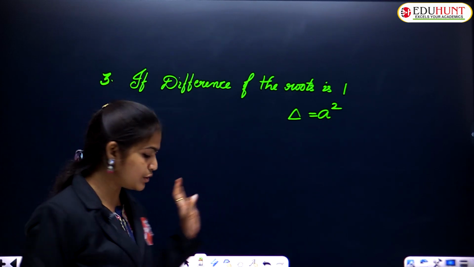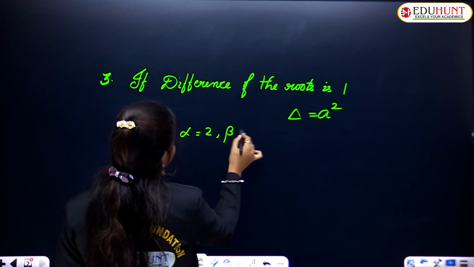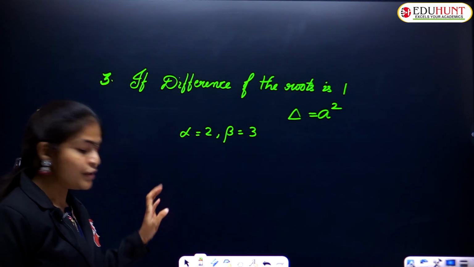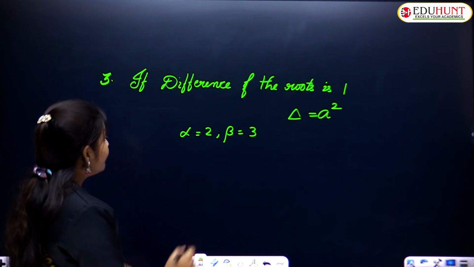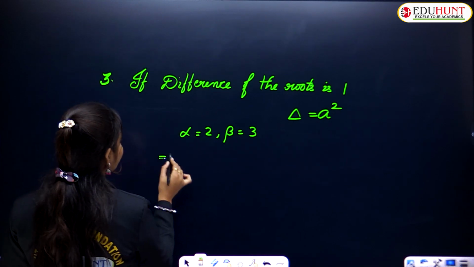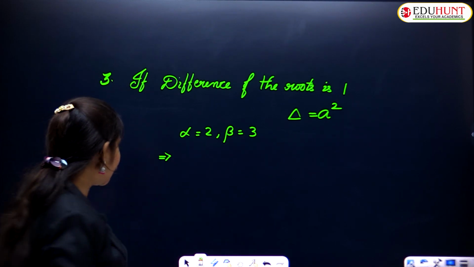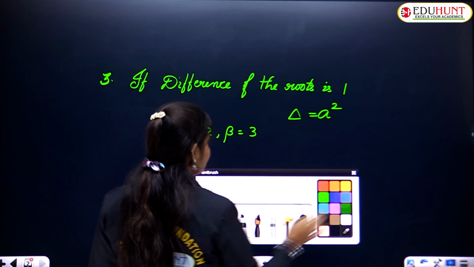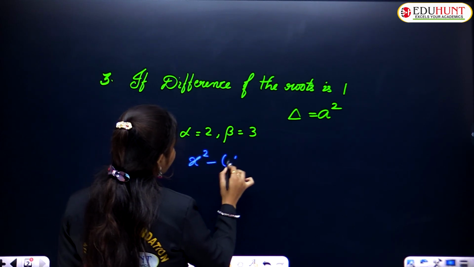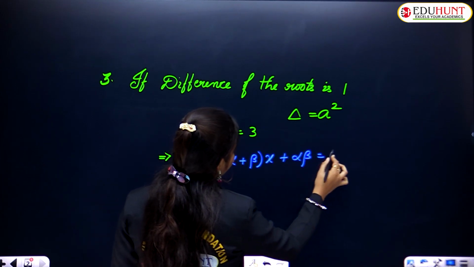So I will show you one example. Here, alpha is equal to 2 and beta is equal to 3. Two consecutive roots are there, 2 and 3. Just observe what the quadratic equation is by using these roots. If we know the roots of the equation, then we can find the quadratic equation. So x square minus (alpha plus beta) x plus alpha beta is equal to 0.